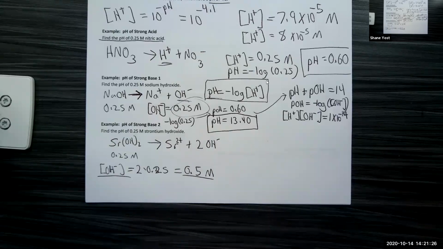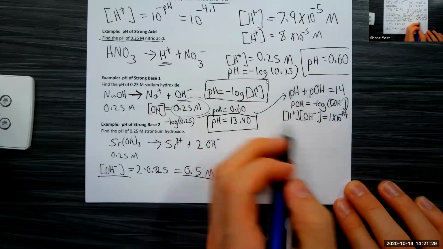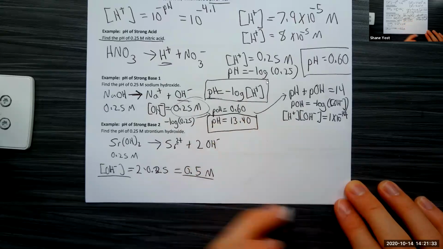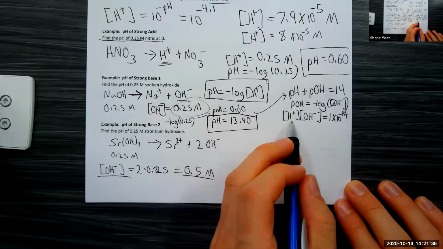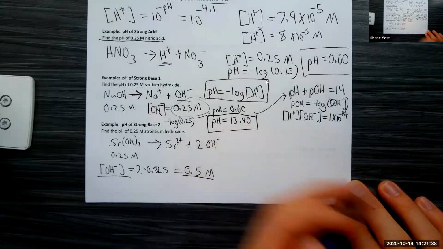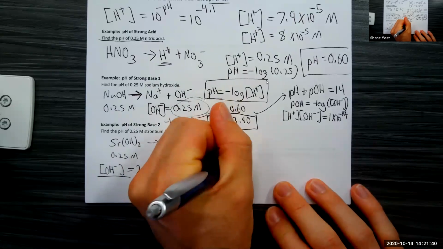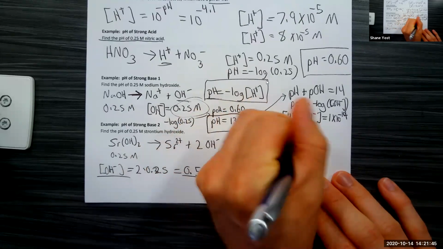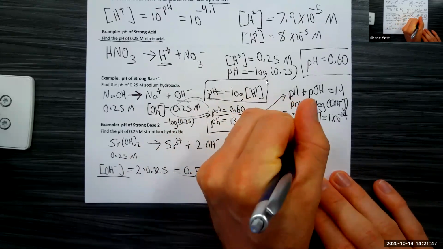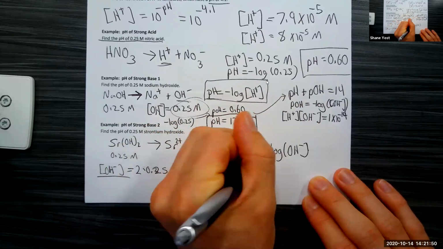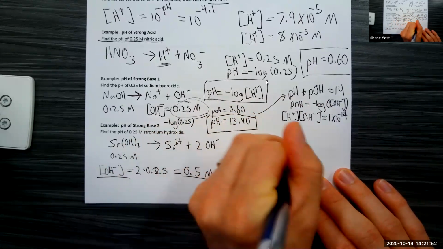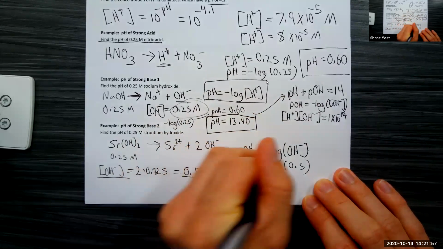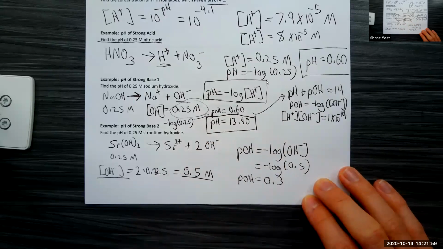I can use these formulas to get my pH, either by first calculating the H plus ion concentration and then taking the negative log of that, or by finding the pOH, which equals the negative log of the OH minus concentration, so negative log of 0.5. The pOH comes out to be 0.3.